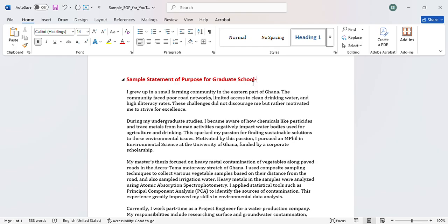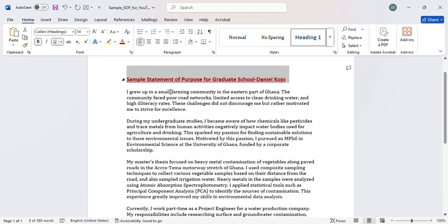Maybe your full name is Daniel Kojo, Kojo Daniel is your name. Good. Then you can underline it nicely.